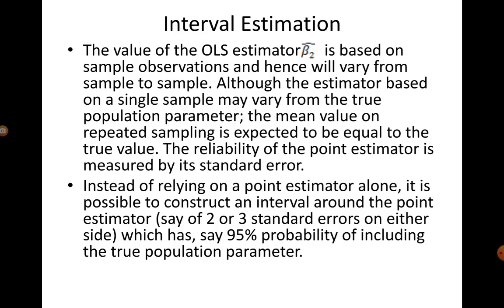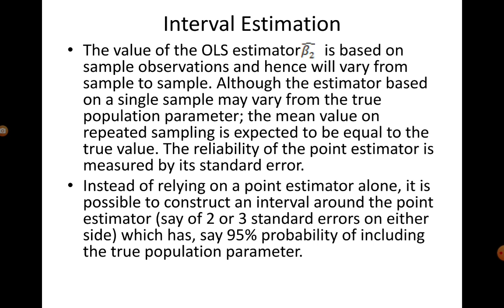So, like I said earlier, the OLS estimator beta 2 hat is a random variable. The reason we call it a random variable is that it is based on sample observations. So every time your sample changes, the value of beta 2 hat will also change.